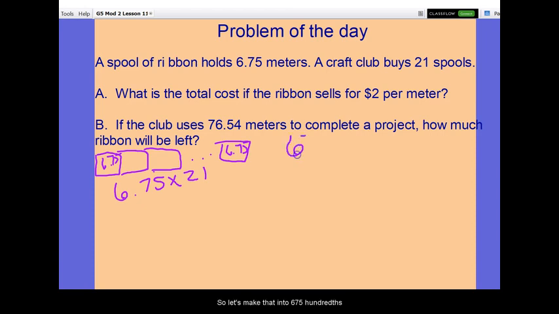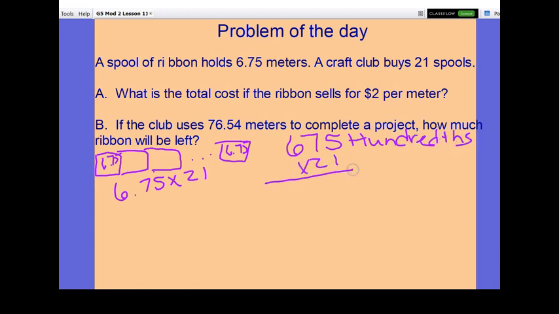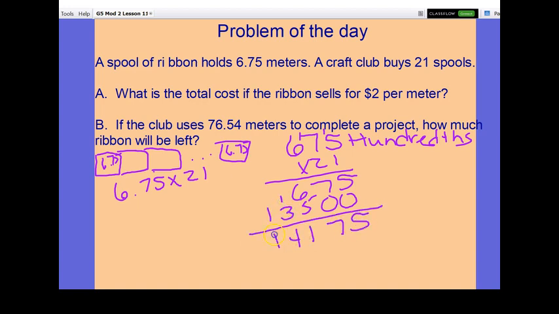So let's make that into 675 hundredths times 21. And I end up with 141 and 75 hundredths meters.